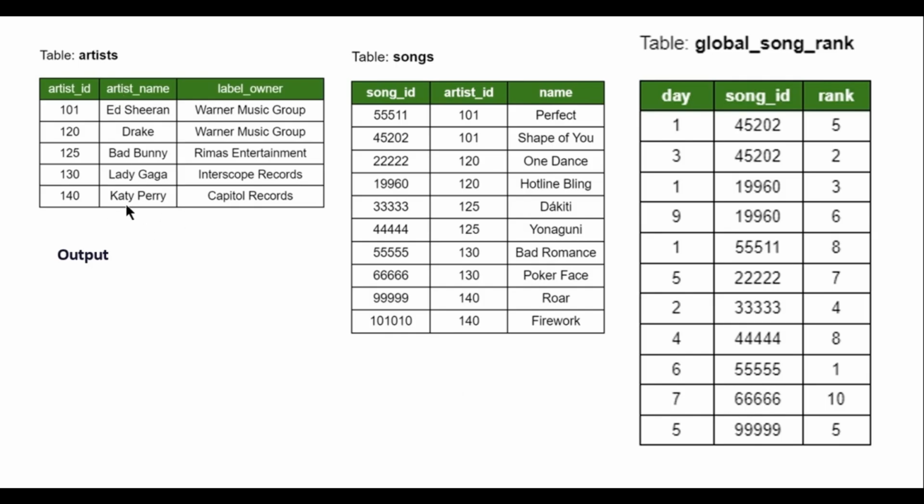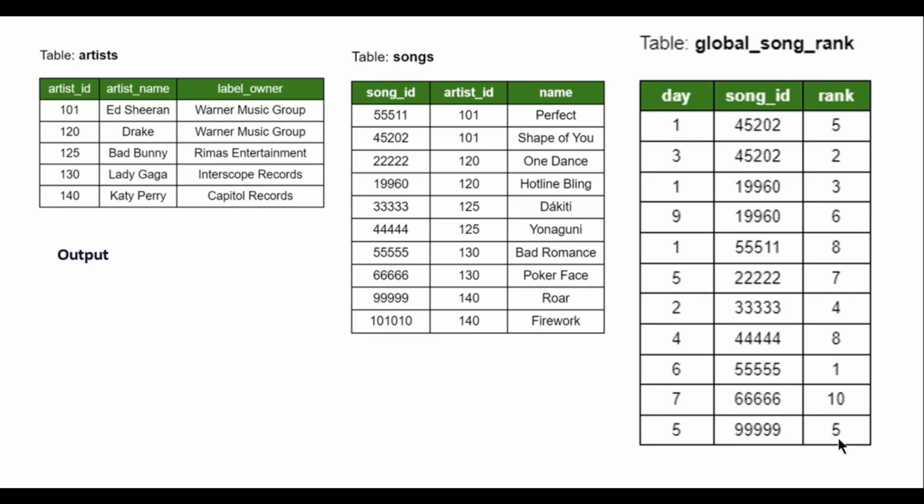Now, for the last one, we have artist ID 140, Katy Perry. There are two song IDs associated with her, 9999 and 101010. If we see the global song rank table, we cannot see the song ID 101010, but there is one with 9999, which has rank 5, that is under the top 10.